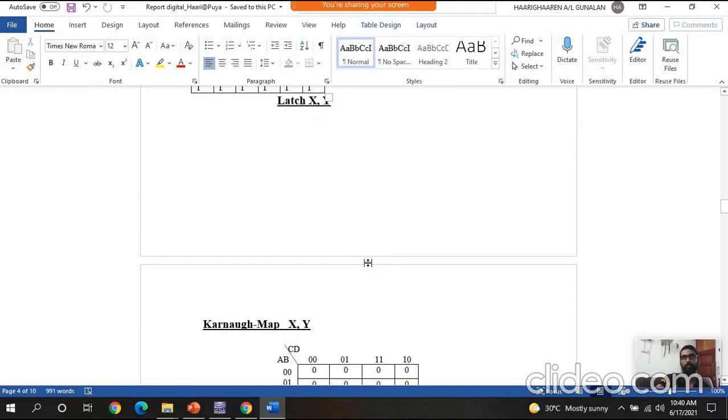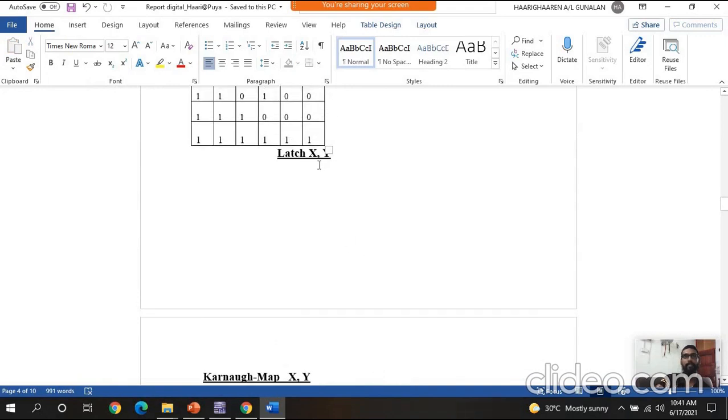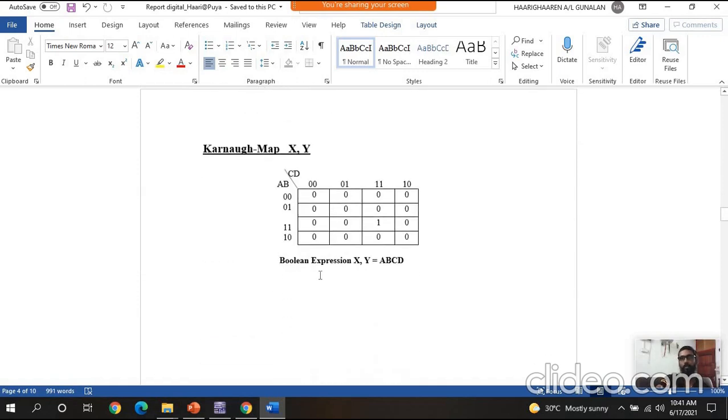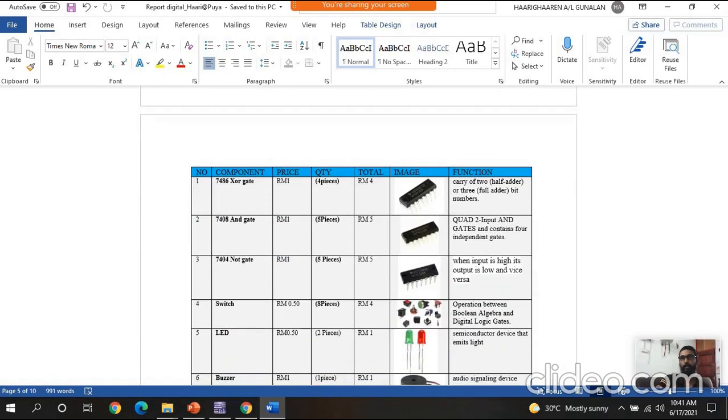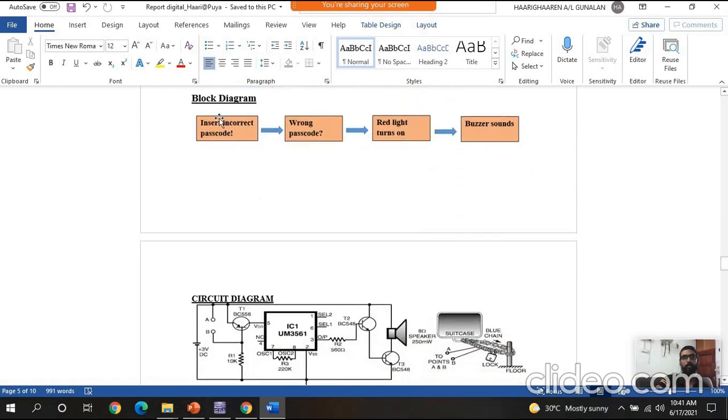Okay, I understand. Then I latch X and Y output, which is buzzer and red LED. I latch it because it's the same output. So the Boolean expression is XY equal to ABCD. And then this is the report, and then the block diagram.